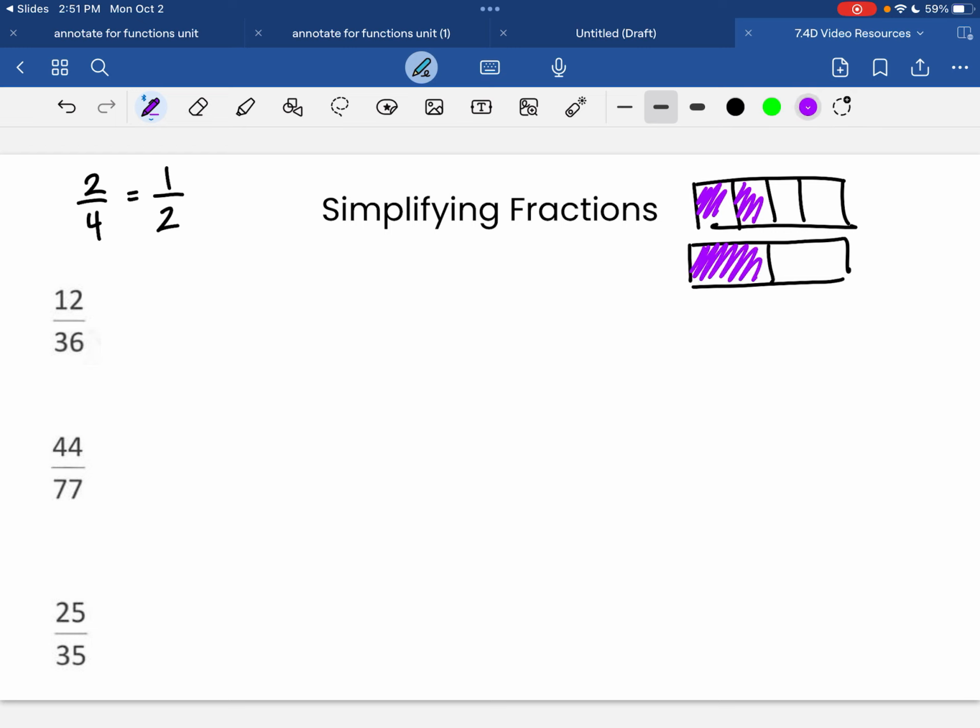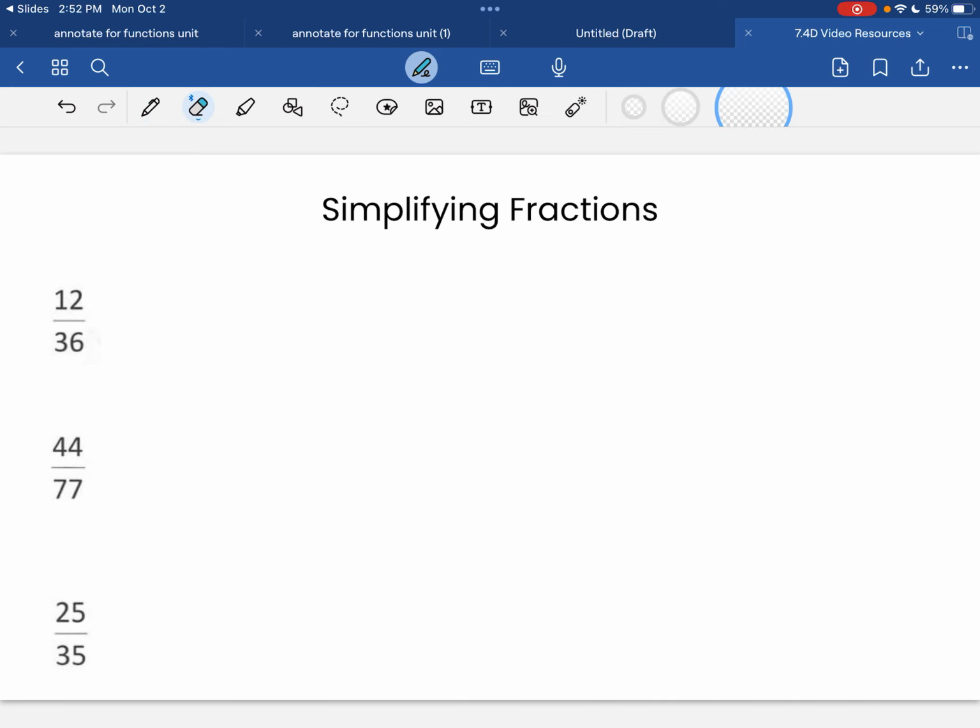So both of these represent the same value, but one is in a simpler form. So that's all that we're trying to do here when we're looking at 12/36, 44/77, and 25/35.